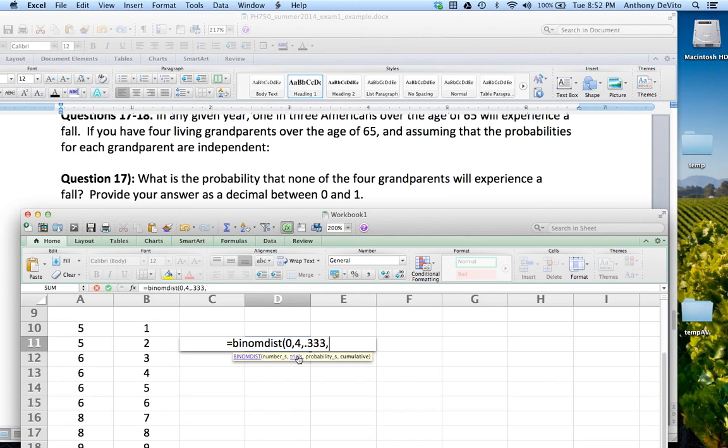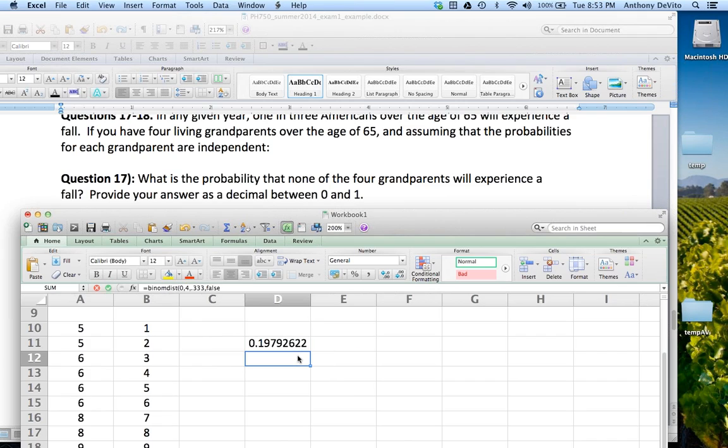And now, do I put in false or cumulative? I'm going to wait for an answer on this. Somebody make a suggestion here. False or cumulative? I got a false because that's good thinking because it'll only give me the probability for exactly 0, which is what they're asking. But you want to know something? If I put in false and hit enter, I get the probability for exactly 0.